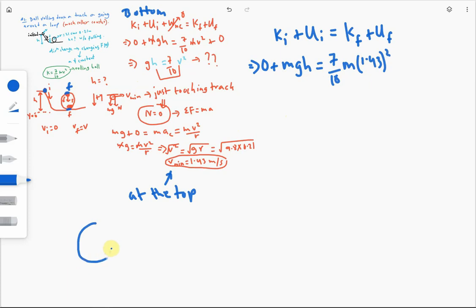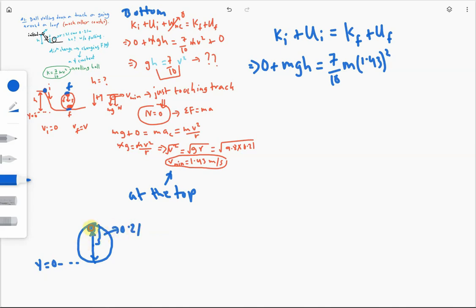And what is the final potential? Let's look at the slope again. This is the ball at the top of the loop, right? And the bottom of the loop had y equals 0. So what is the height from the bottom? The radius of this circle, this is halfway, was 0.21.